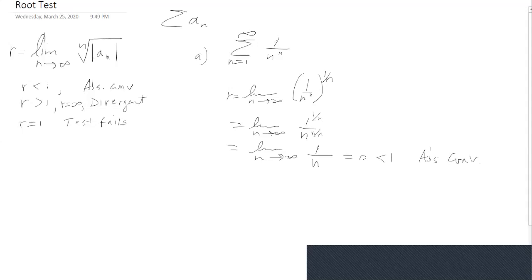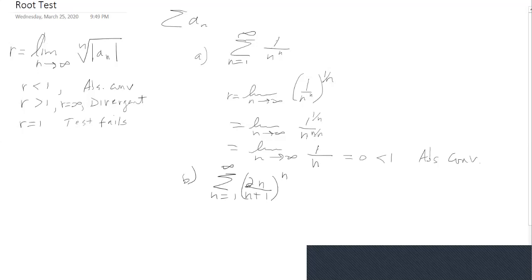Okay, so let's squeeze another one in here. Here's problem B on that same page. Now, without this test, we could resort to the ratio test, and we probably would get somewhere with it.